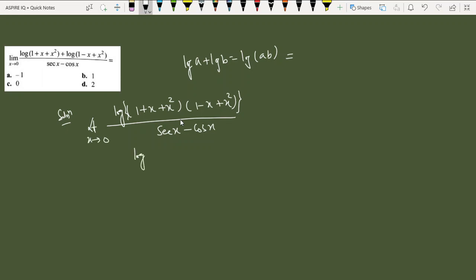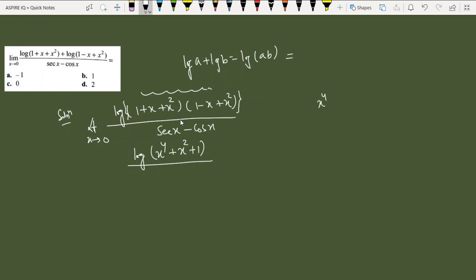This expression is actually the factorization of this. When you multiply this, you will get x^4 + x^2 + 1. You need to remember, guys, the factorization of x^4 + x^2 + 1.